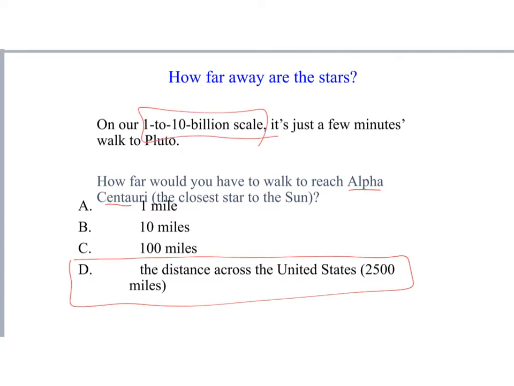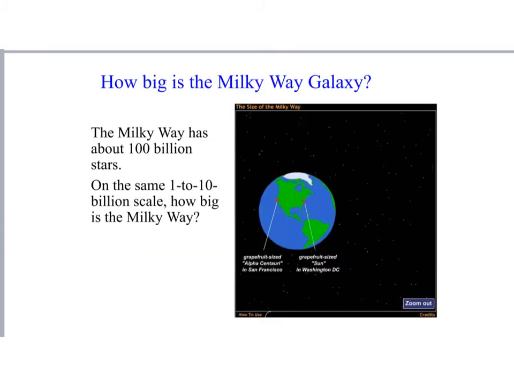You would have to basically walk the distance across the United States, so about 2,500 miles. So again, the lesson learned is that there's a lot of emptiness out there.